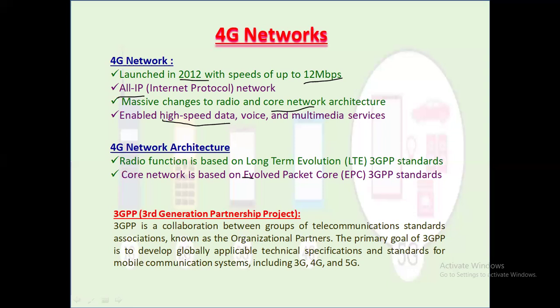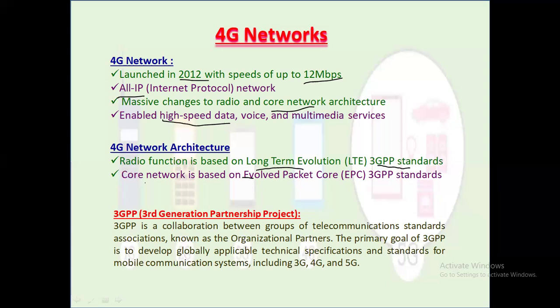The 4G architecture is designed with a clear division of functions, where the radio function is built on LTE, long-term evolution standards as specified by 3GPP, to manage high-speed wireless communication.